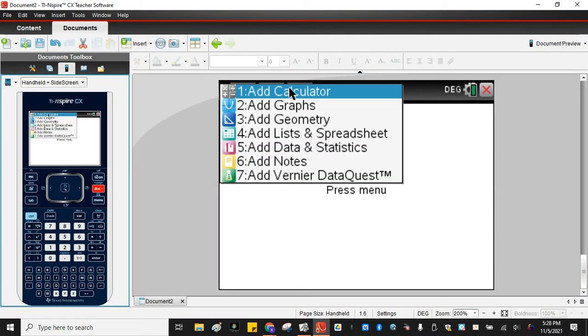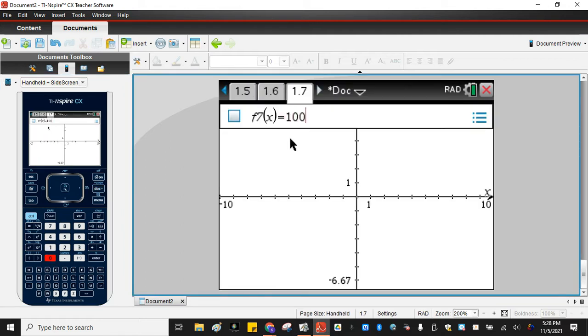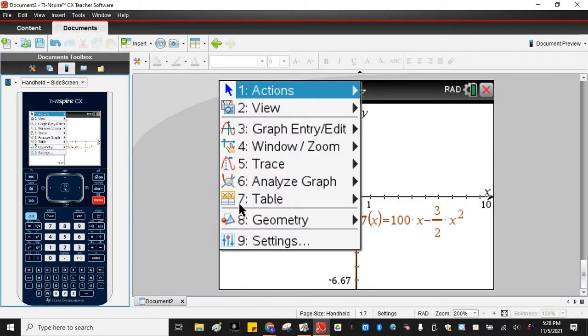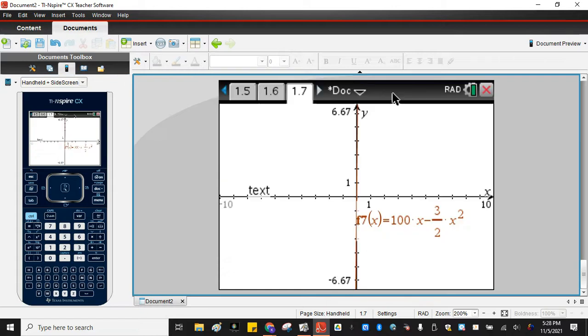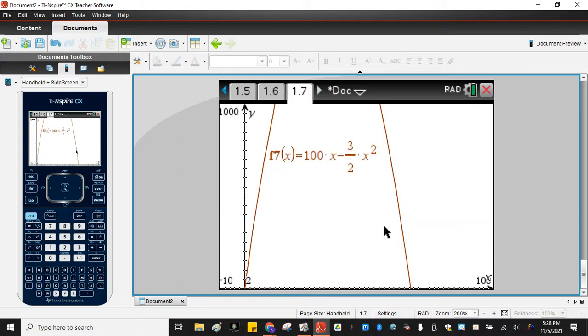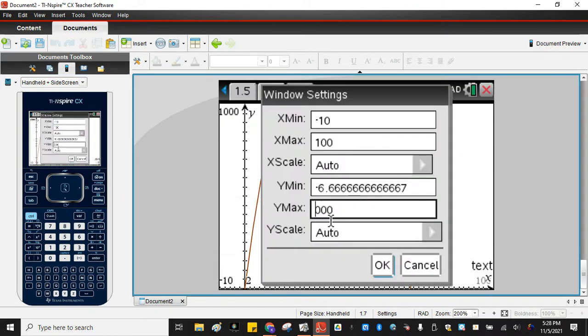100x minus 3 x squared. Make sure the x squared pops out. Windows settings. I don't feel like playing this game. I'm going to go high. I just don't want to play this game anymore. 500. Yeah. No, still not high enough. 100 looks good. I'm going to double 1,000. 2,000.